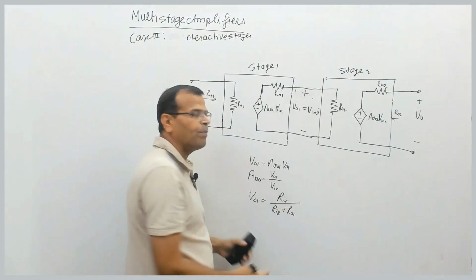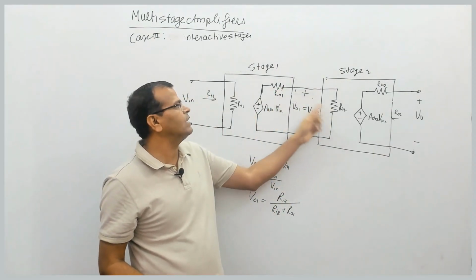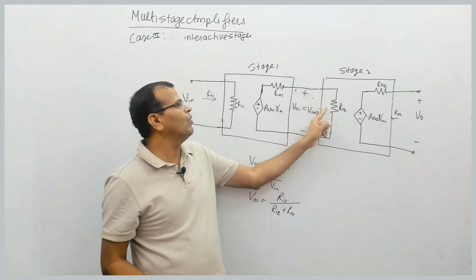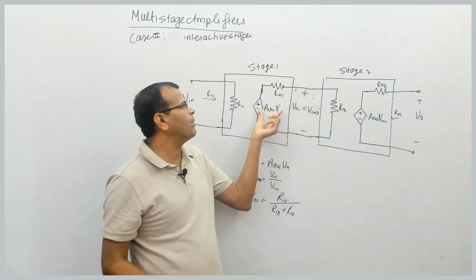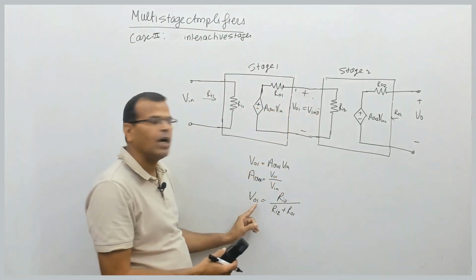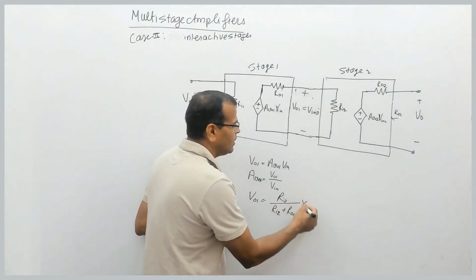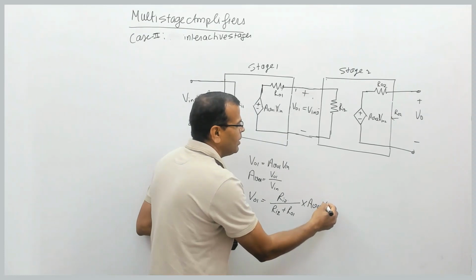If you don't know, please remember, if there is a voltage source here and two resistances are connected in series, the voltage across this resistance is this resistance divided by the sum of the two, multiplied by this voltage. That is nothing but the output voltage. So this is AV01 multiplied by V input.